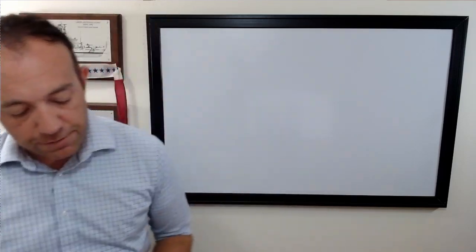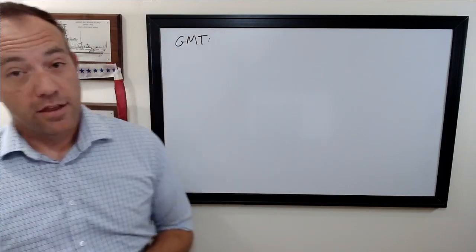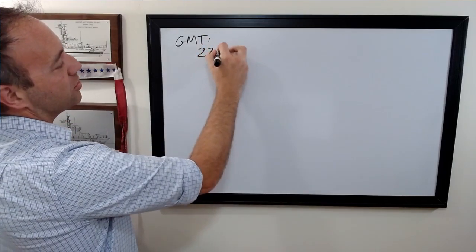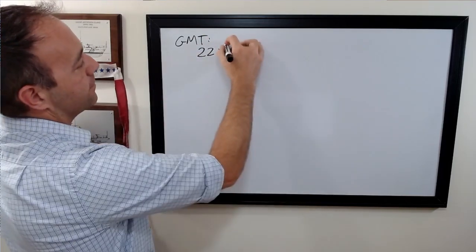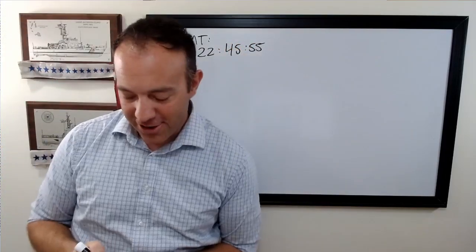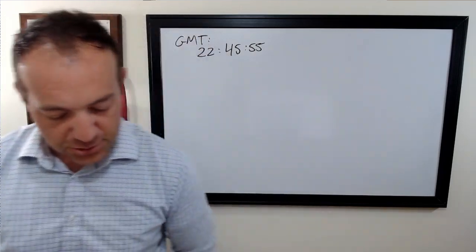Let's say that we've got a GMT. I'll be honest with you, I messed up some kind of math here along the way, but whatever, we'll roll with it. Let's say our GMT is 22 hours, 45, and 55. I'll track down the error later unless somebody wants to point it out, but it might be what you're saying there, John. Something in my notes went awry.